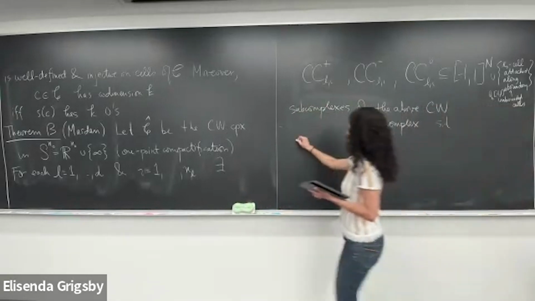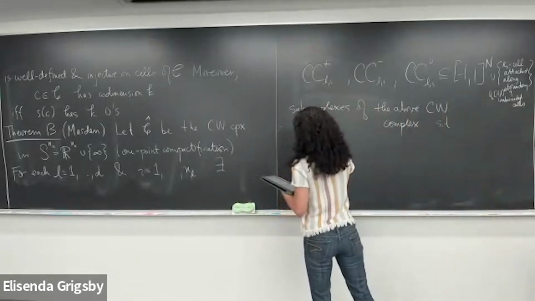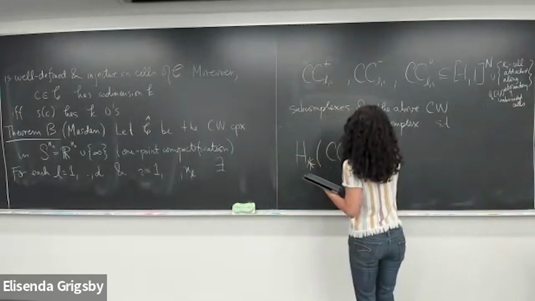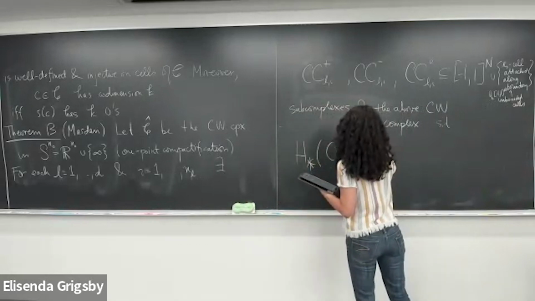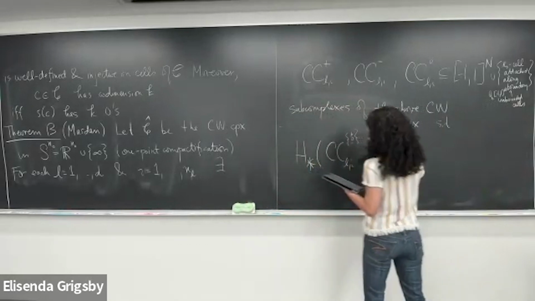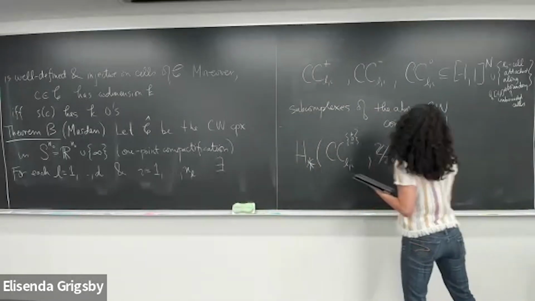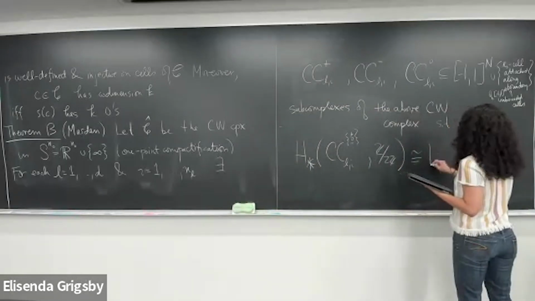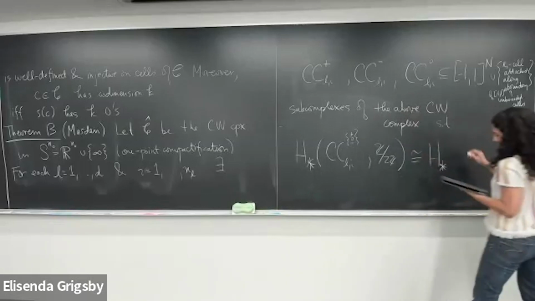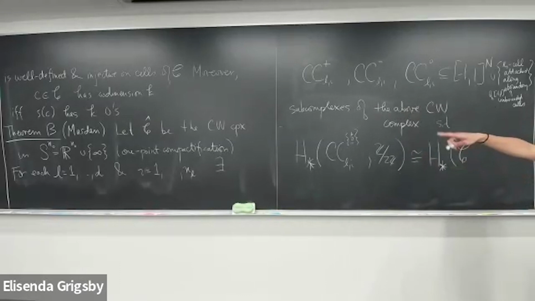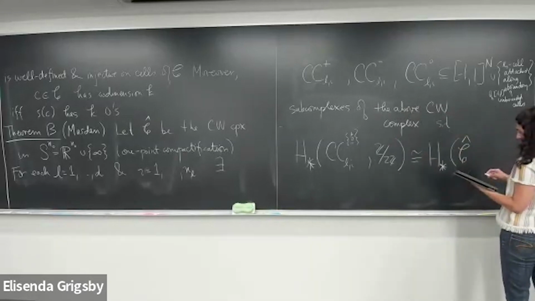And the homology of each of these complexes, plus, 0, and minus, with Z2 coefficients, is isomorphic to the homology of this CW complex, this one-point compactified CW complex here.